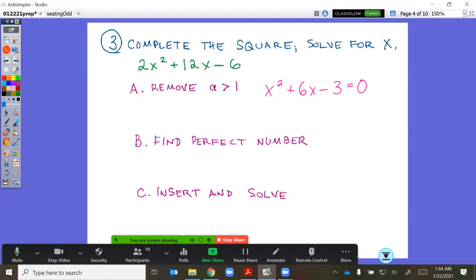So we just divide by 2. What's our perfect number? Please find the perfect number.